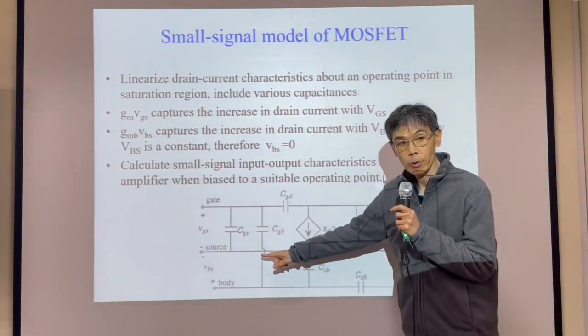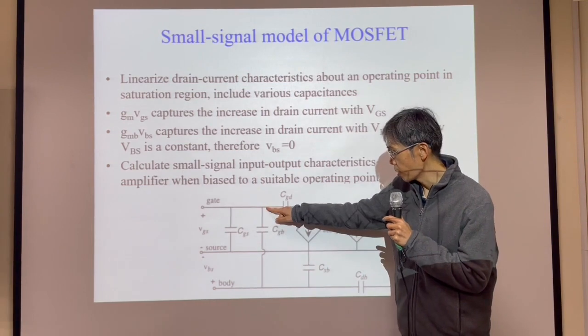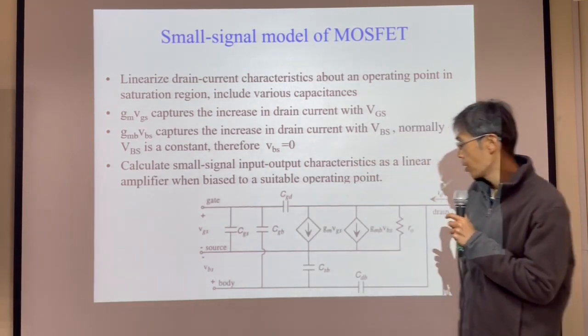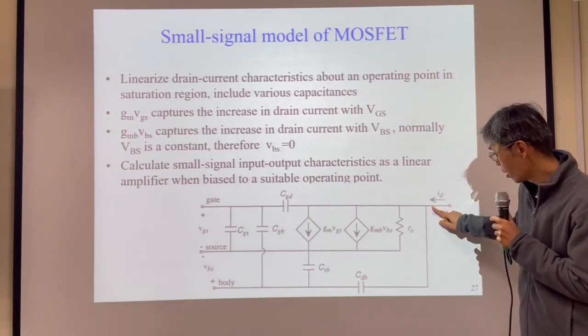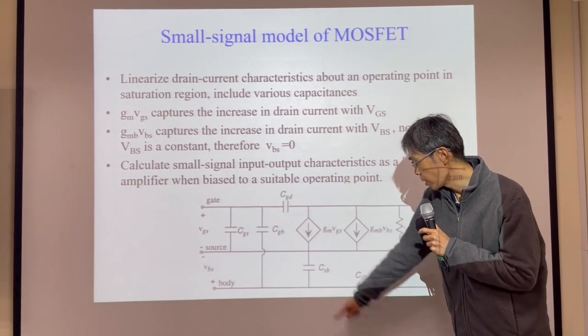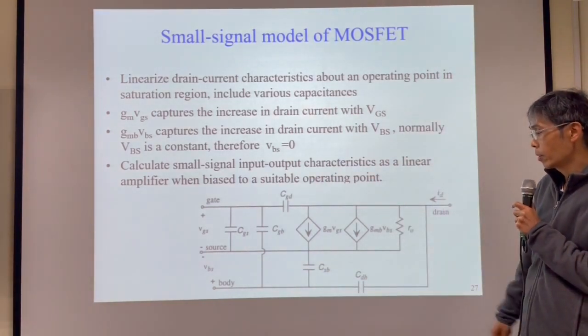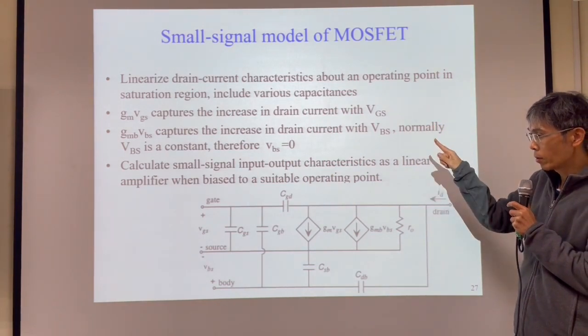Remember, we have positive capacitance between gate and source, between gate and the body, between drain and the body, CDB, between source and the body, CSB, VGS, VBS.